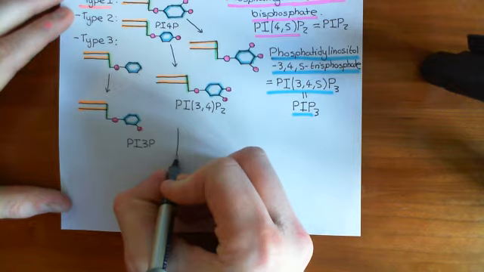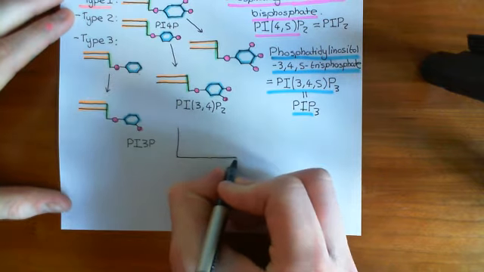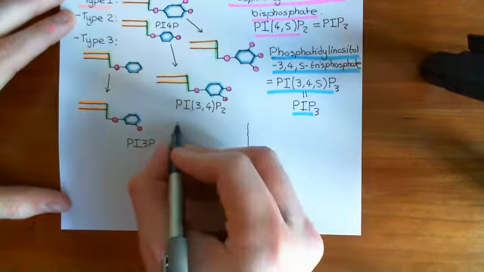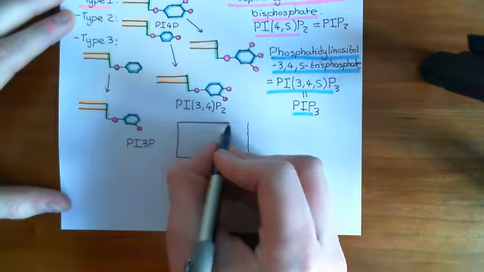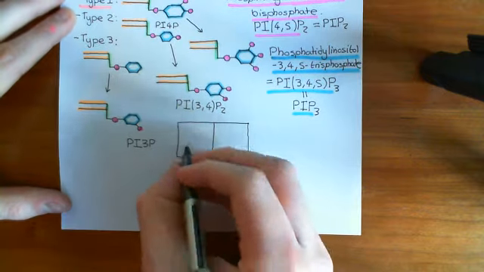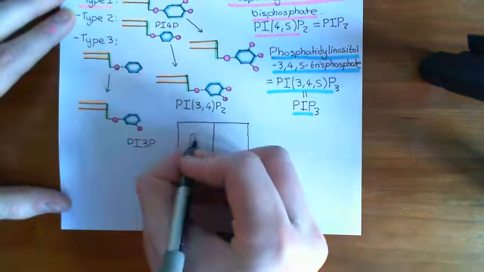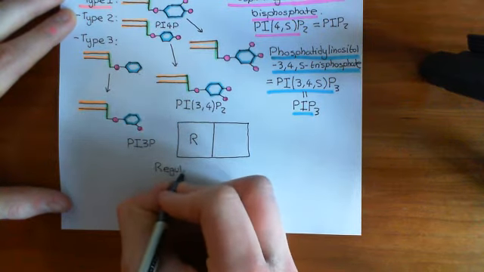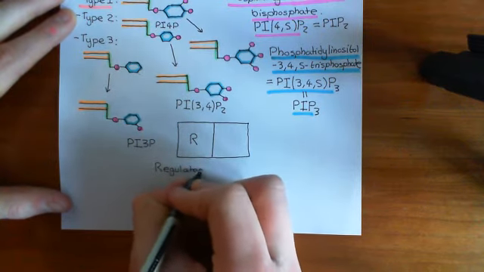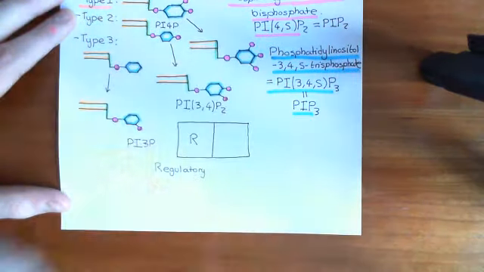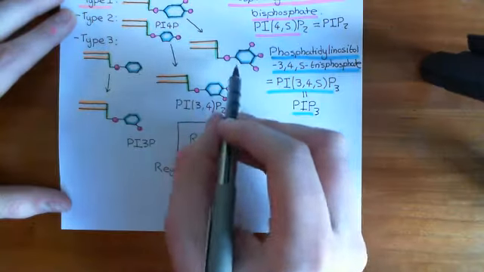Right, so first off, PI3 kinase enzymes are not just one protein. They are actually dimers of two proteins stuck together. There is a regulatory subunit here, which I'll just put as R. This is not the portion that contains the catalytic domain which phosphorylates the PIP2 into PIP3.